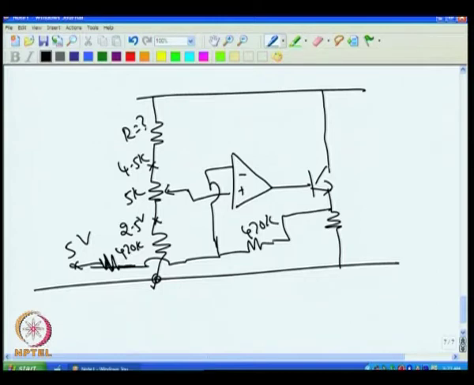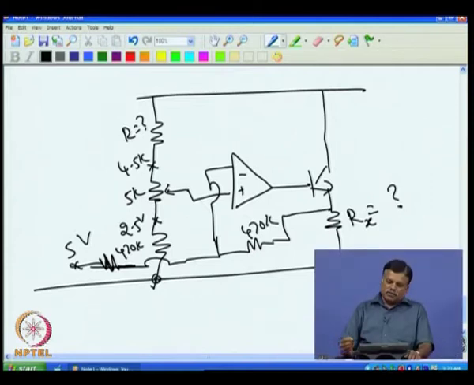Now the only thing that is to be designed is this resistance value R, or Rx. What is the value that I have to select for Rx? Because we know when roughly about 17 milliampere current is flowing, we need to develop about 4 volt.